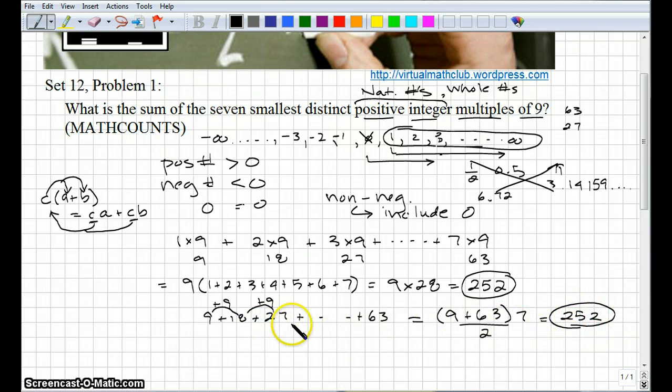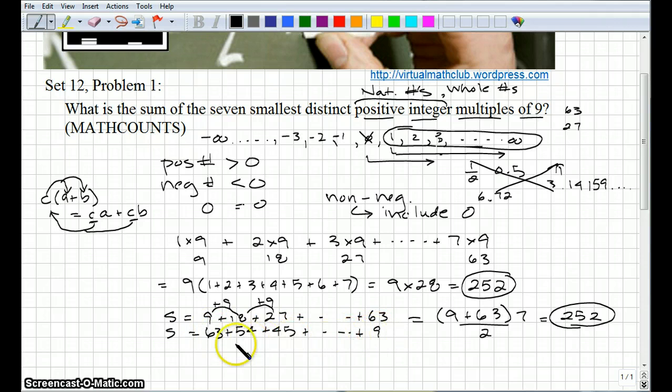And if you don't remember the formula, but you remember the trick, what we can do is we can write this as S, and then we can write S again, only backwards. 63 plus, let's see, that'd be 54 plus 45 plus all the way down to 9. Okay, so it's the same sum, it's just written in a different order.